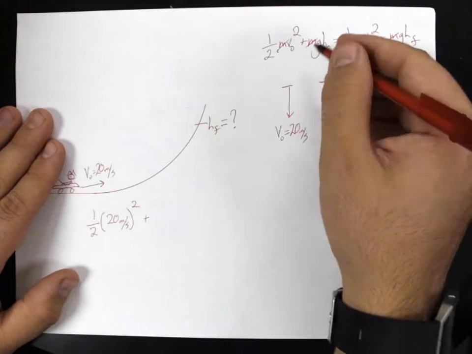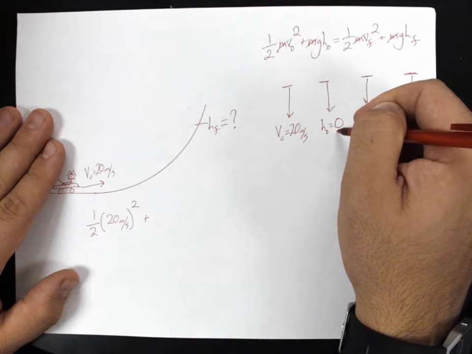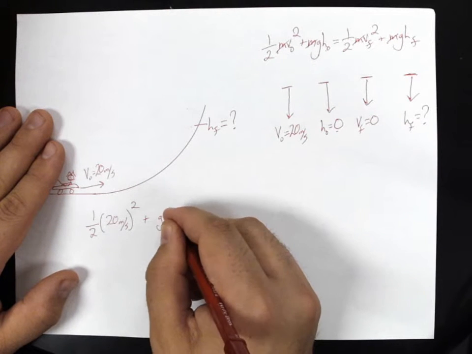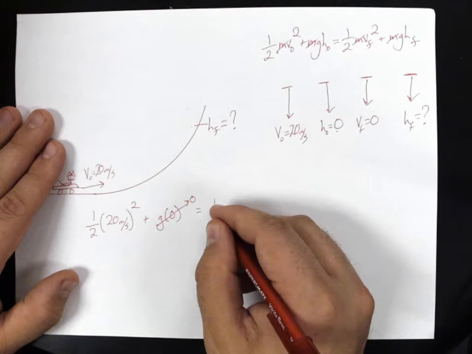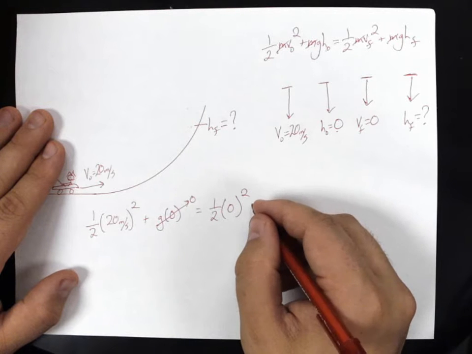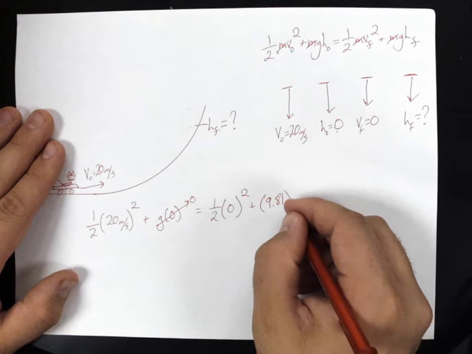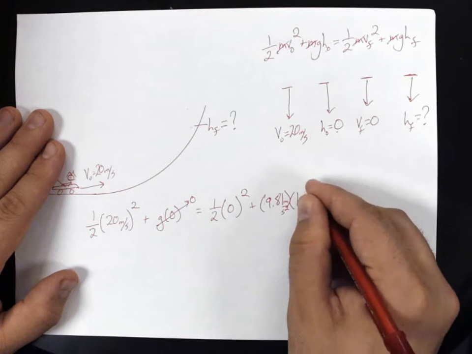Plus g, 9.81, times a height initial of 0 is 0. So g times 0, that whole term goes away, equals 1/2 times 0 squared plus 9.81 g times meters per second squared, sorry, times height final, which is what we're looking for.